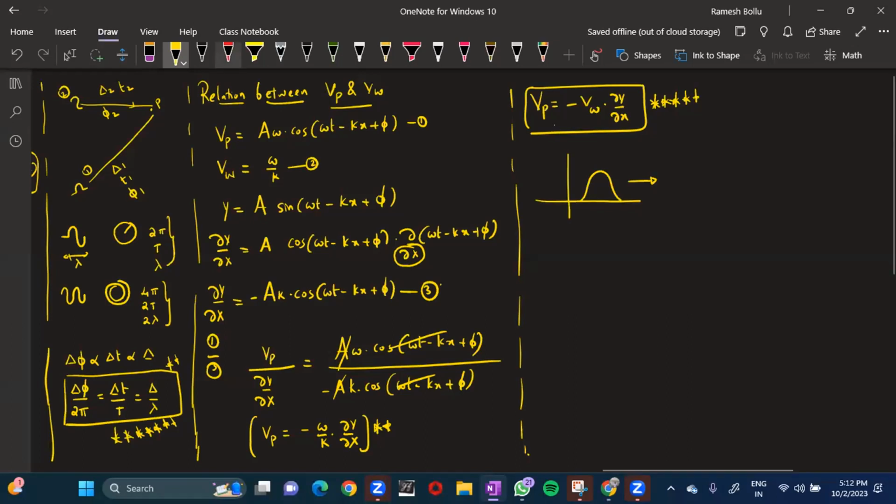There is one particle P. My straight question: at this instant, in which direction is the particle moving?